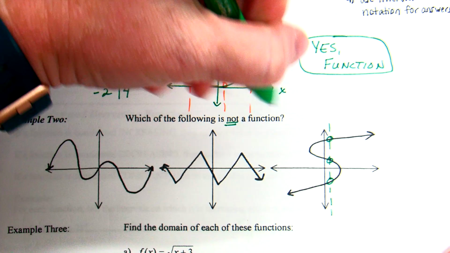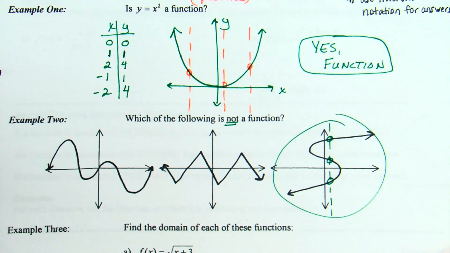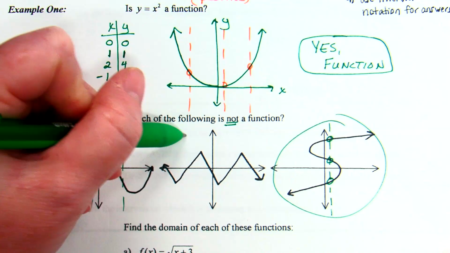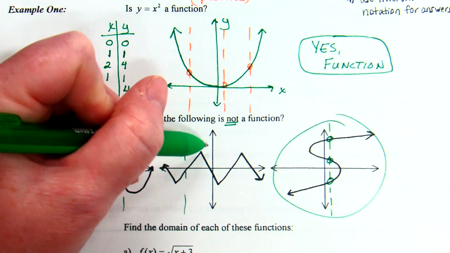What about the others? Are they functions? Yeah. If we do vertical lines, they're only going to touch the graph at one point. When you get over here, in our zigzaggy one, same thing, right? It only touches it once.